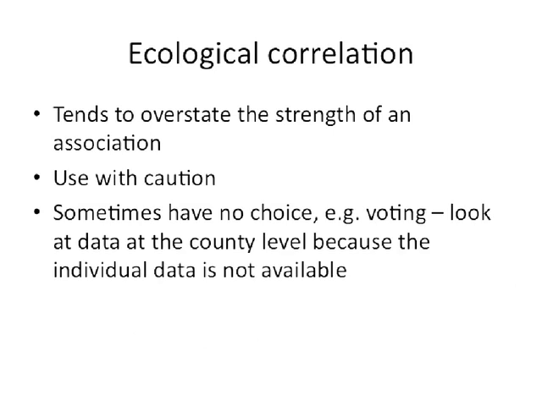So ecological correlation tends to overstate the strength of an association. Use it with caution. Sometimes you have no choice. Those people who are doing the election, your data is aggregated at the county level or the precinct level. There's no way you're going to find out what an individual person did in terms of who they voted for or not.